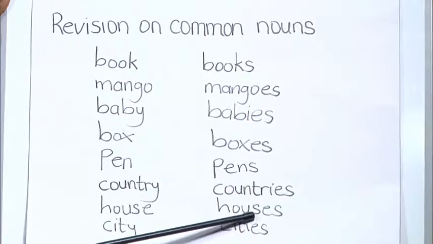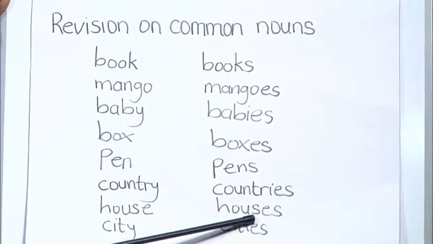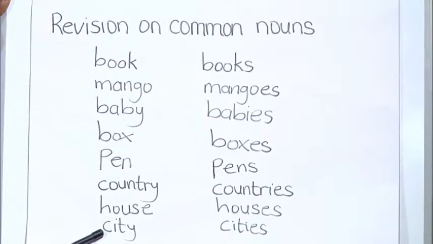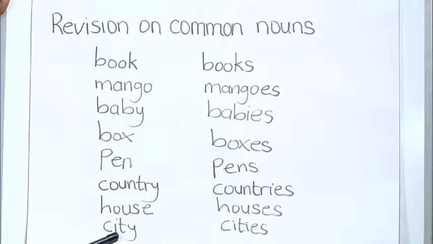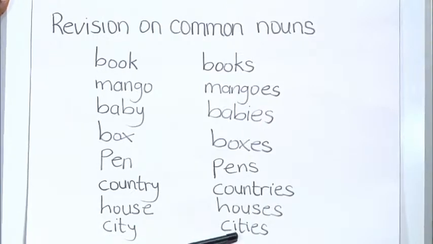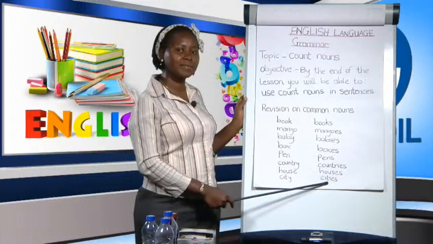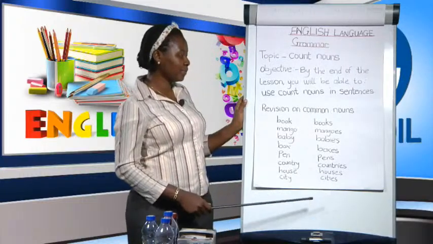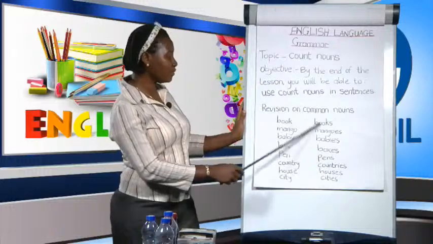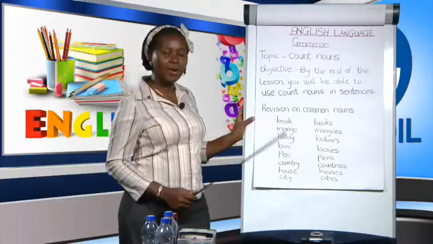The plural is houses. The last one, city. Its plural is cities. Good. Now all these we have just seen are common nouns.